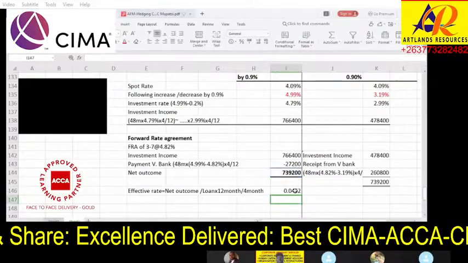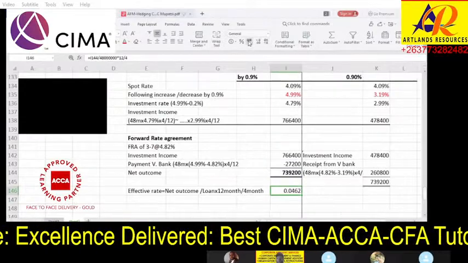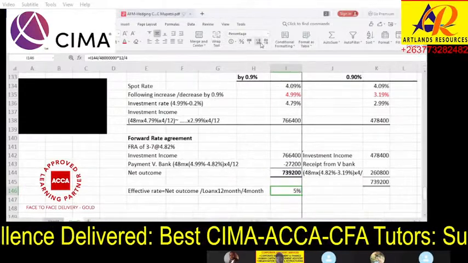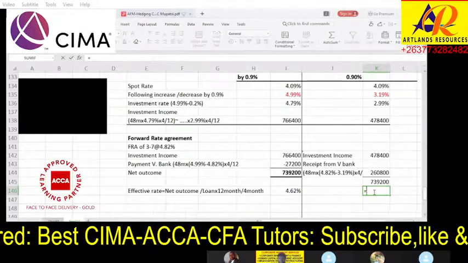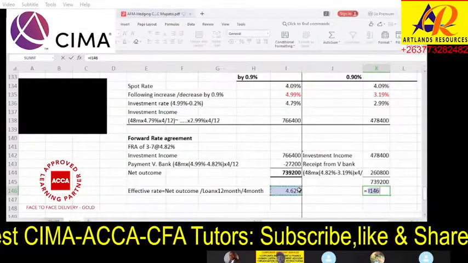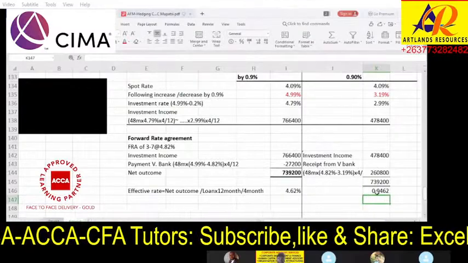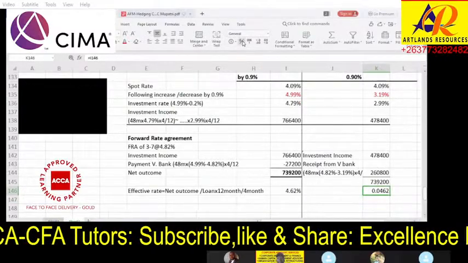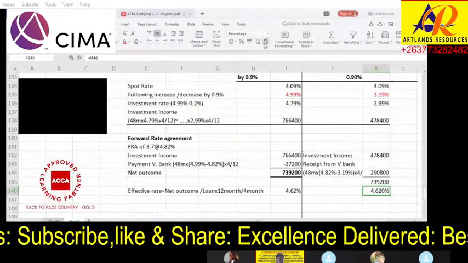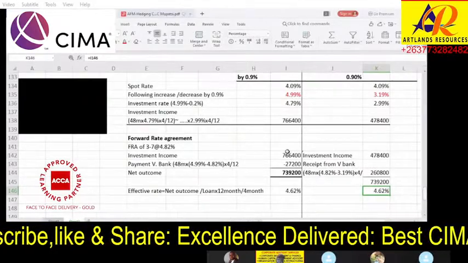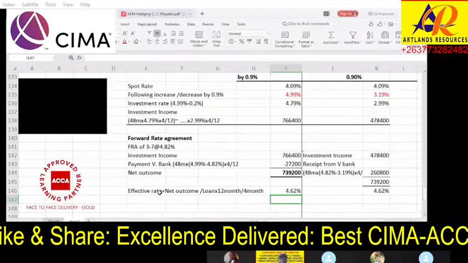So you get the effective rate of 4.62%. And still it is the same figure here, because it's the same rate, 4.62%. The net outcomes are what we then use to compare and get the appropriate hedging choice. So this is forward.